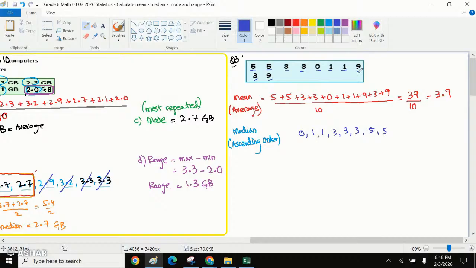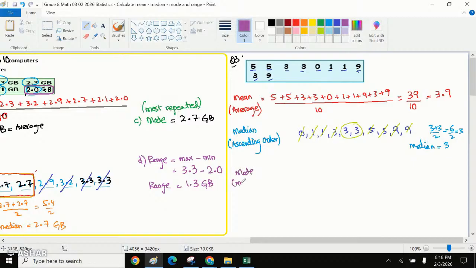And then we have 9 twice. Once we have arranged them in ascending order, we cancel one from each end, one here, one here. If we are left with 2 numbers in the middle, in order to find the median, we can do 3 plus 3 divided by 2, that is 6 upon 2. And the median comes out to be 3. Okay.